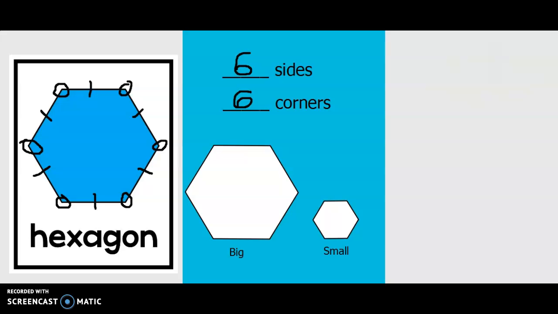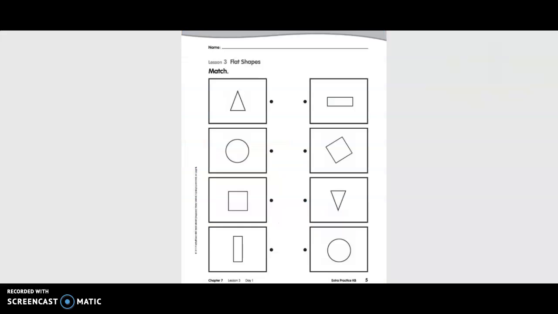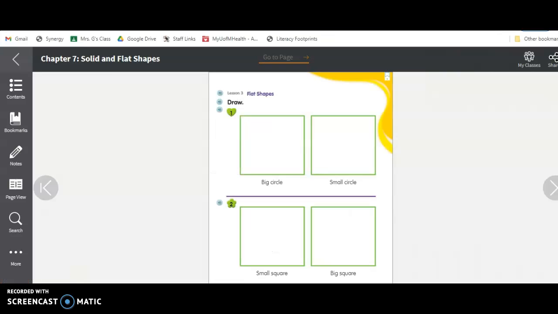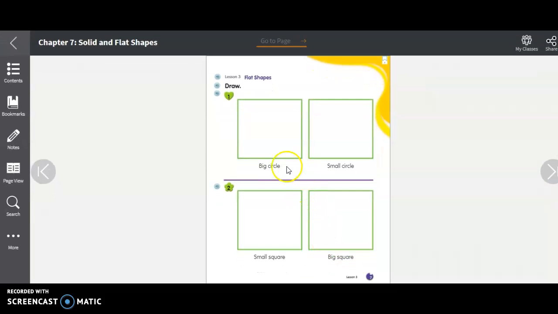Alright, boys and girls, for our pages for today, we're going to switch over to our math book. We are practicing drawing these shapes. So you get to practice a big circle and a small circle, a small square and a big square.